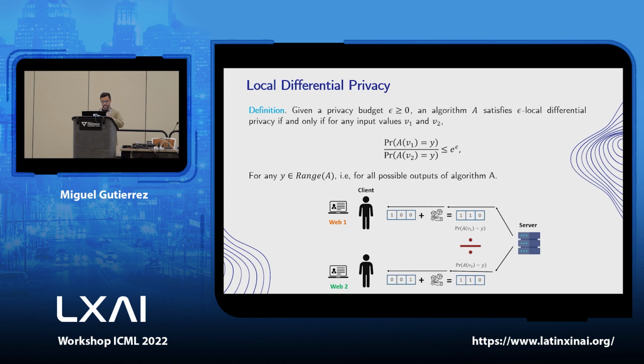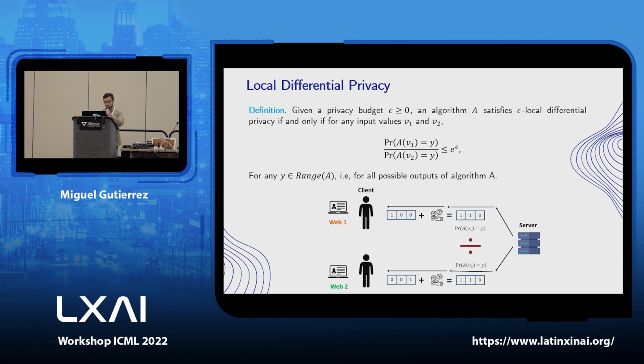So let's see the first client, Web1, and the representation is 100, and the second client is Web2, and the representation is 001. Let's say I add some noise, I change the bits of each vector with some probability, and then I get the same output, 110, for both of them. What I want to know is the ratio of these probabilities.